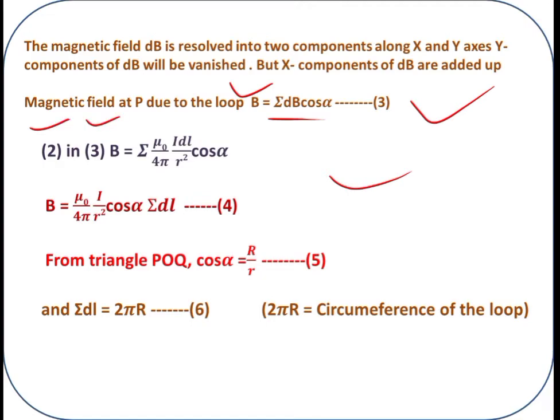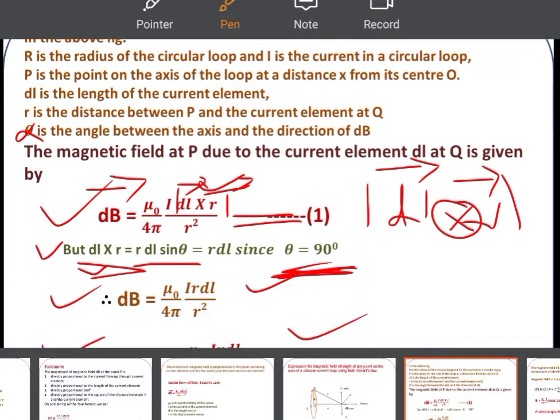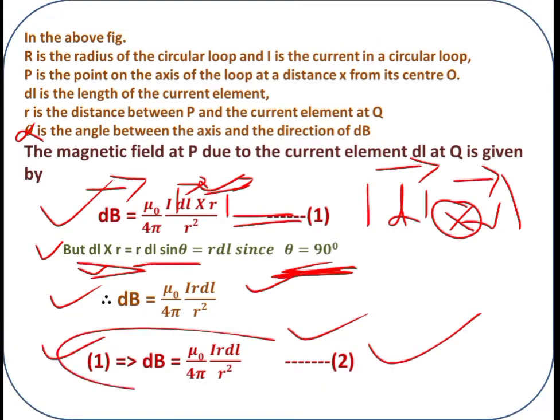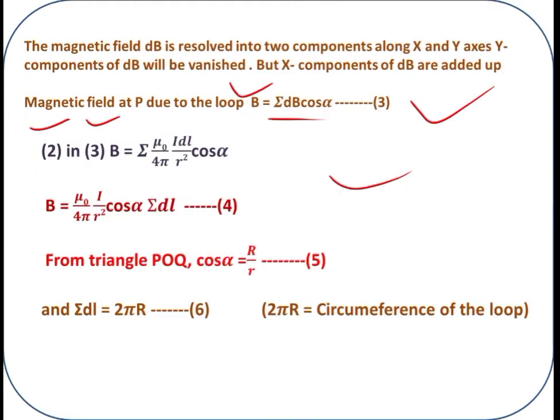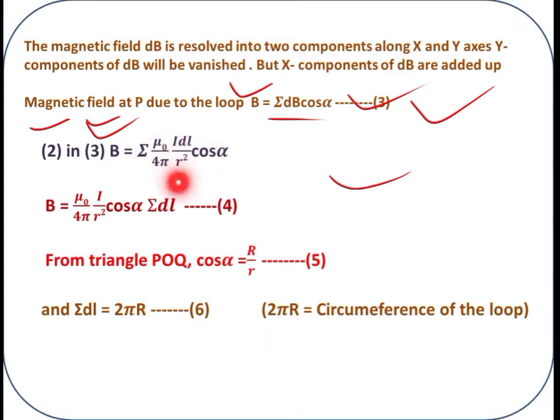Then total magnetic field B is equal to the summation of mu naught divided by 4 pi, I dl divided by r square, into cos alpha. Okay, so here B is equal to, next step, we are not varying any of these quantities.